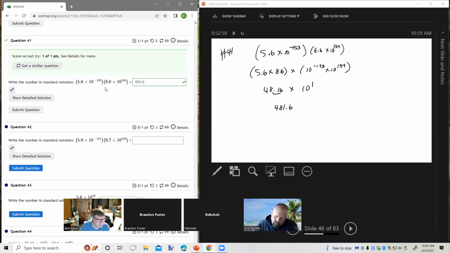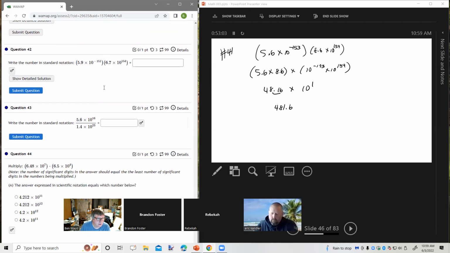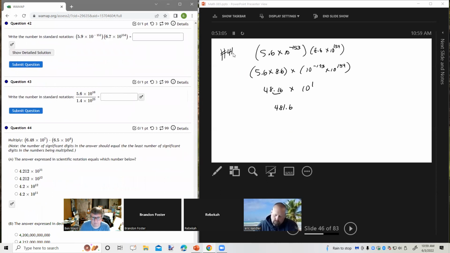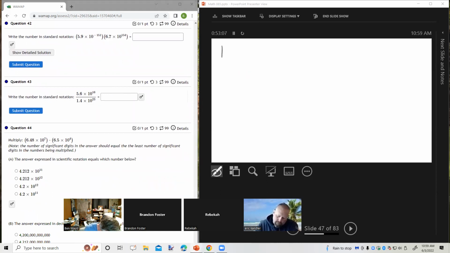Okay, moving along, number 42. Basically, same kind of problem. 5.9 times 10 to the negative 151 power times 6.7 times 10 to the 154 power.